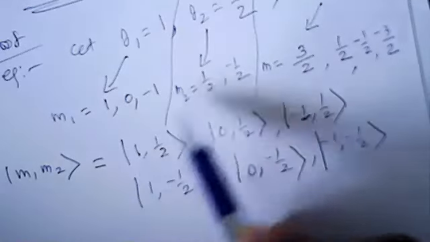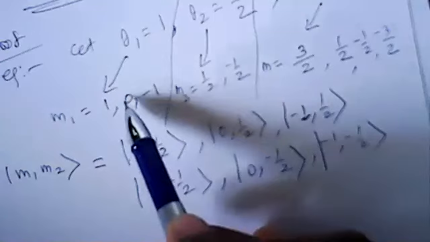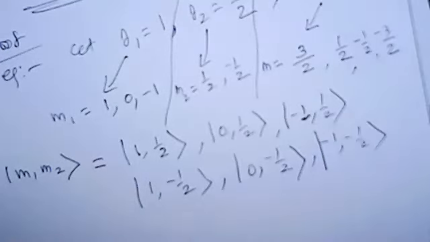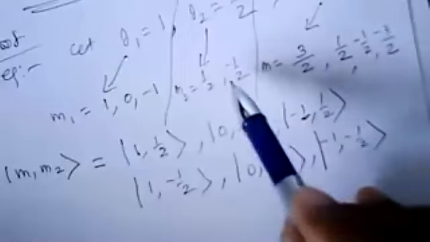See, we have 3 M1 values, 2 M2 values. So in total 2 into 3, 6 M1, M2 representations. Correspondingly we have 6 states.